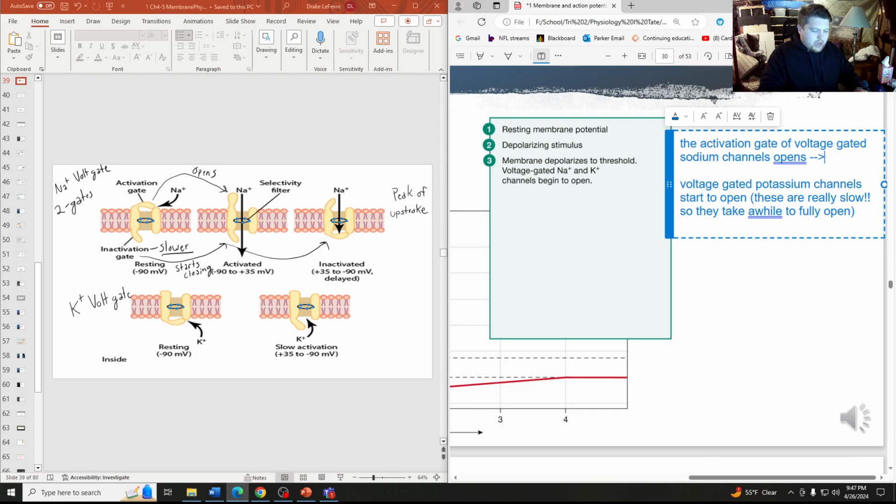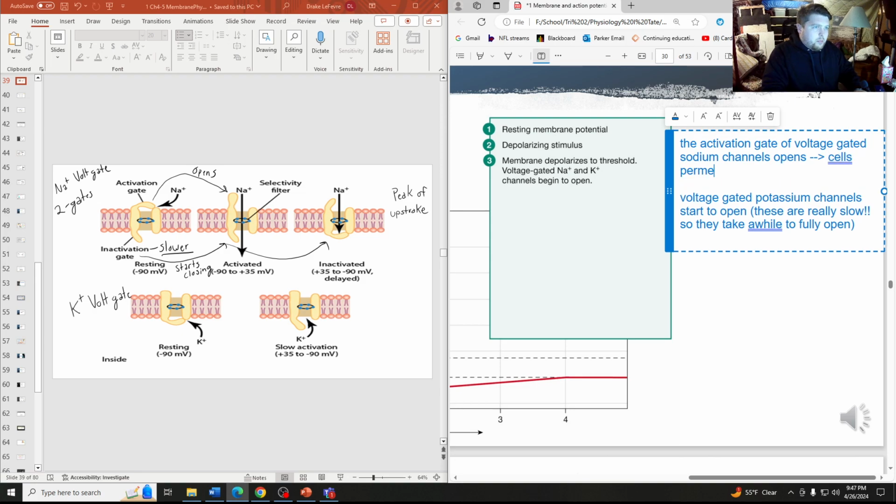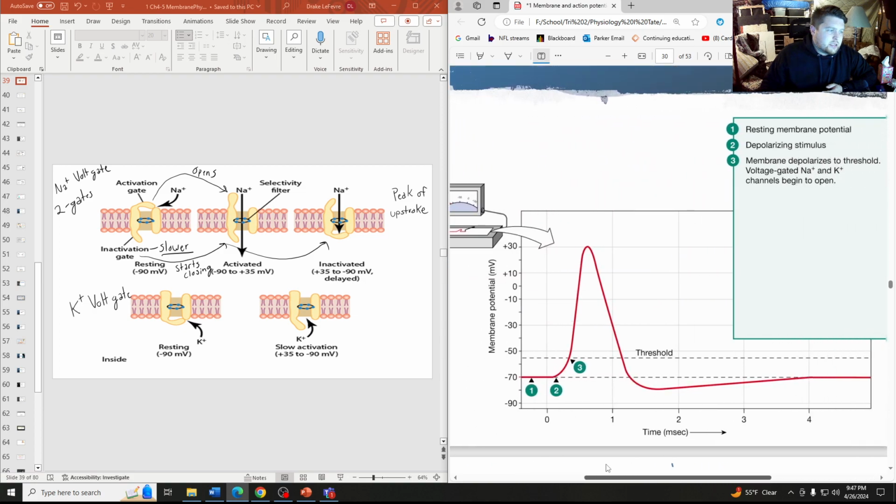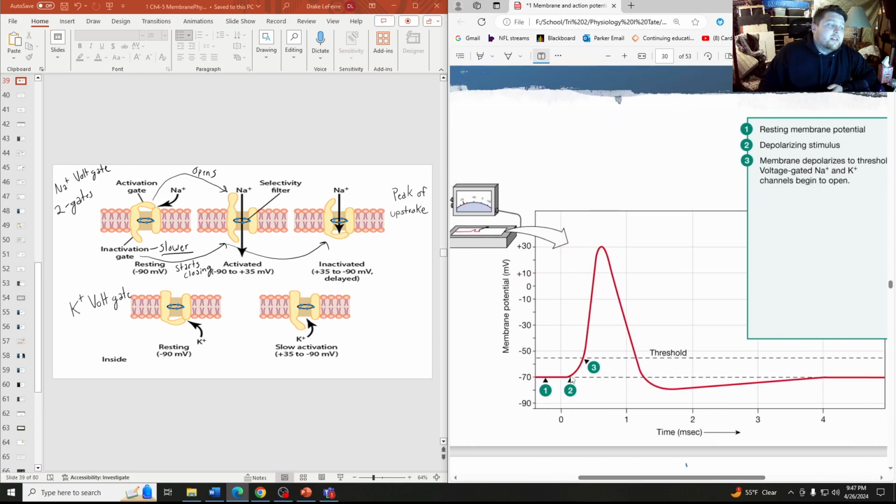Right now, the big idea that we're going to focus on is that the cell's permeability to sodium goes up, or increases, because we're going to be letting a lot more sodium come into the cell. And that's how we get this spike going up. We get depolarization. Depolarization begins here at 2 and goes all the way up to this peak. This whole chunk is known as depolarization.